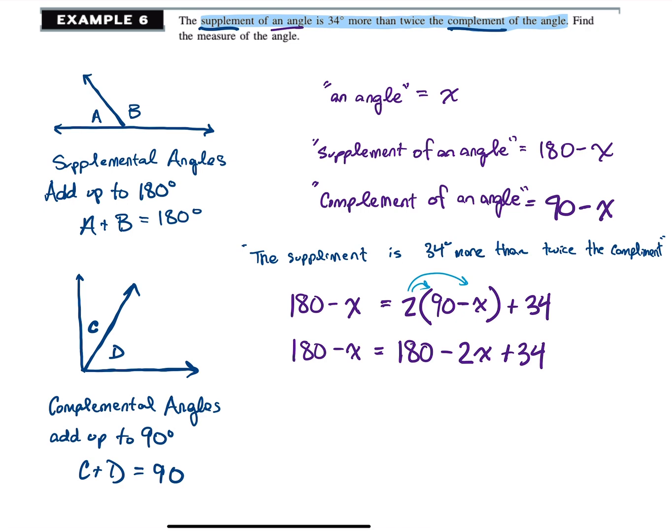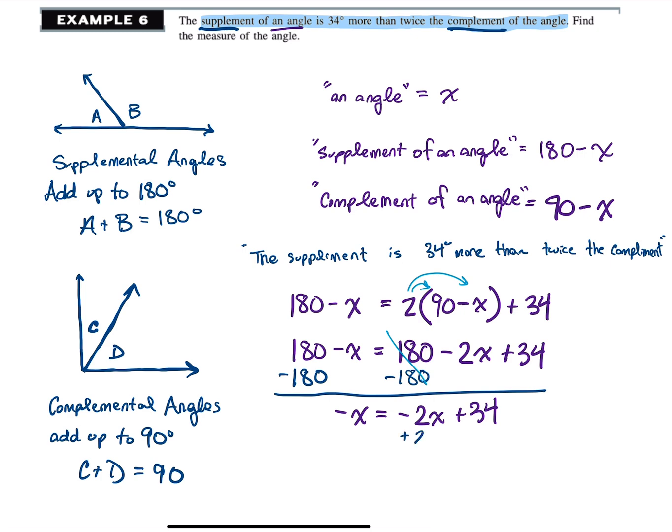All right, let's subtract the 180 from both sides. So those will basically disappear. So it'll be 0 on the left side, so we're left with minus x. That will cancel out, and we'll be left with minus 2x plus 34. All right, let's move this 2x over to the other side.